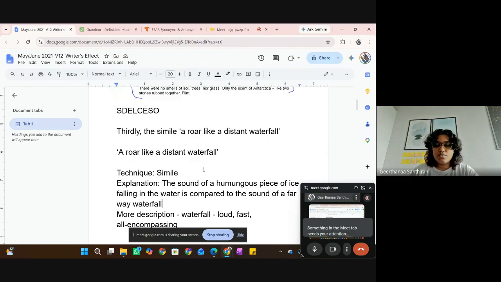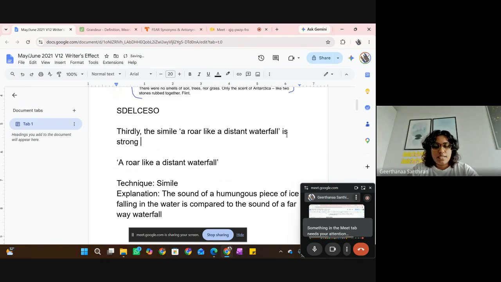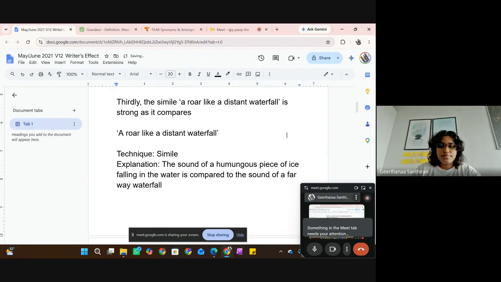Thirdly, the simile, a roar like a distant waterfall, is, we've used the words impactful, powerful. We can just say it's strong as it compares the sound of a humongous piece of ice falling into the water to the sound of a faraway waterfall.